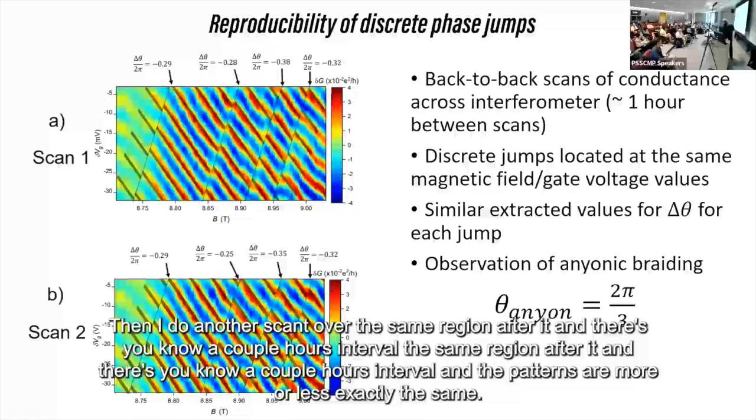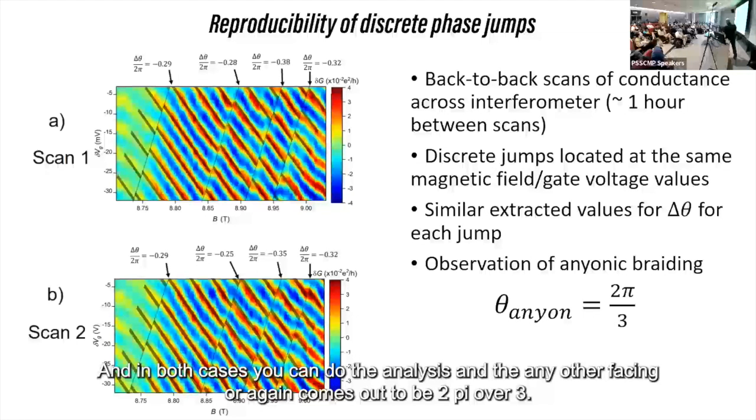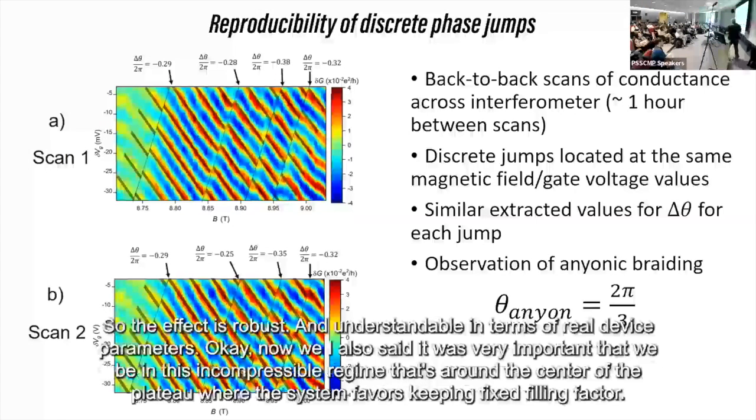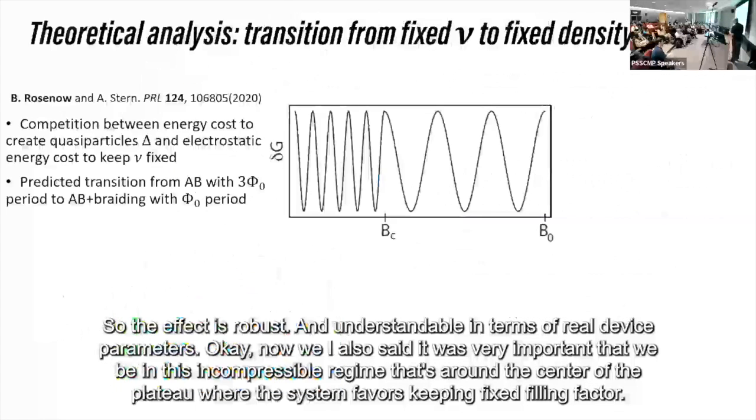Then I do another scan over the same region after a couple hours interval, and the patterns are more or less exactly the same. So this is not noise. This is set by the mesoscopic disorder configuration in my device. And in both cases, you can do the analysis, and the anyonic phase angle again comes out to be 2 pi over 3. So the effect is robust and understandable in terms of real device parameters.